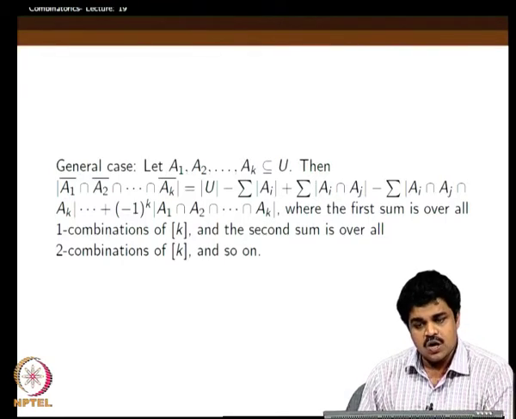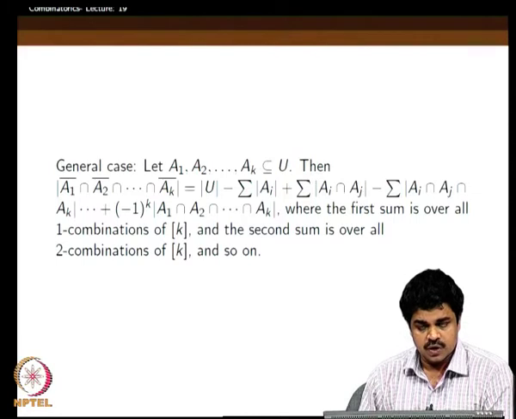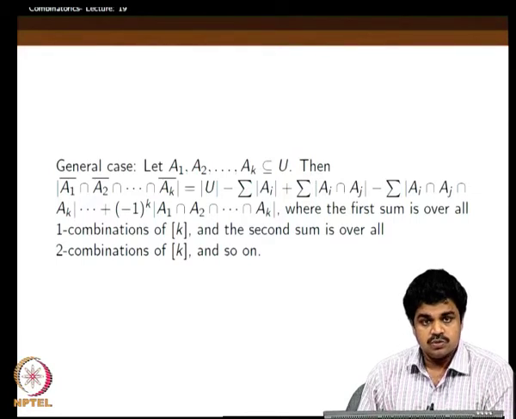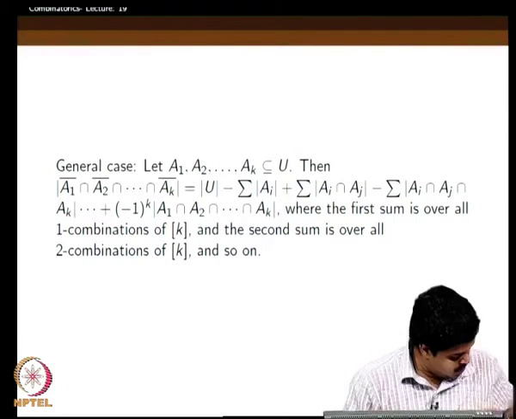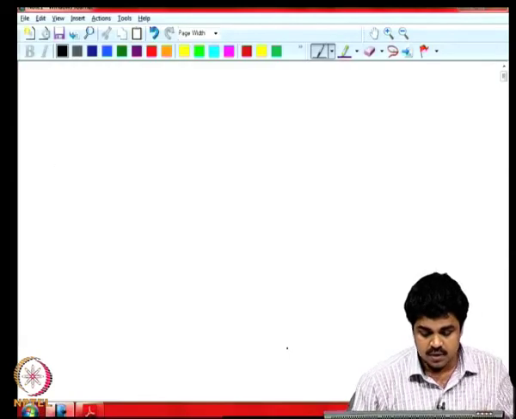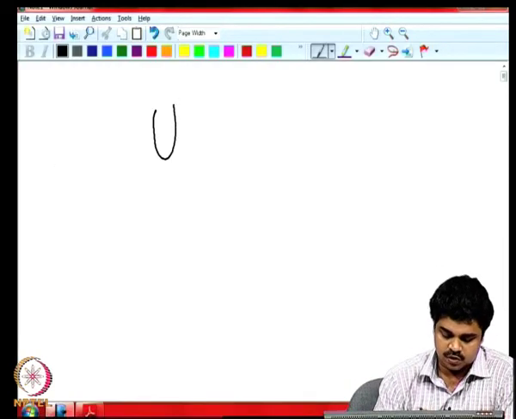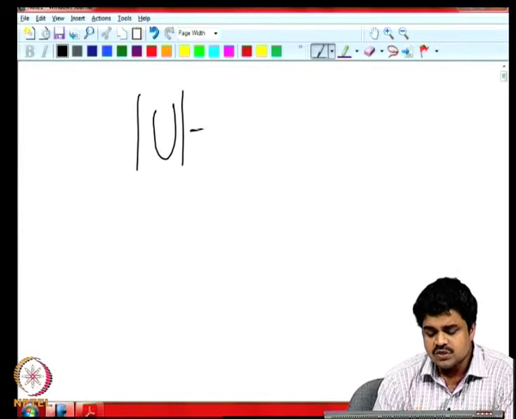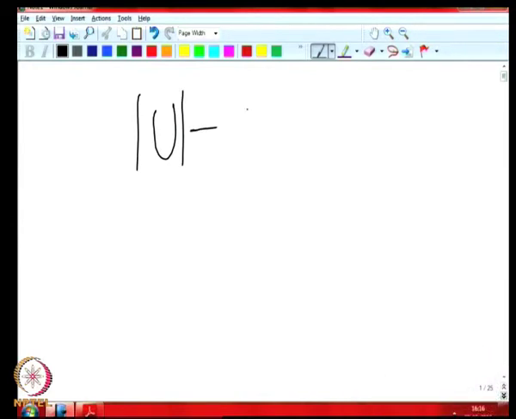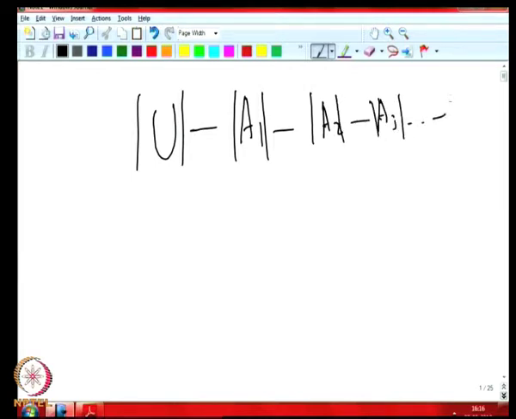So you first take all the members in U, that is the cardinality of U, and that is why we wrote U. Then we subtract the members in A1, the members in A2, the members in A3, and so on, up to AK.